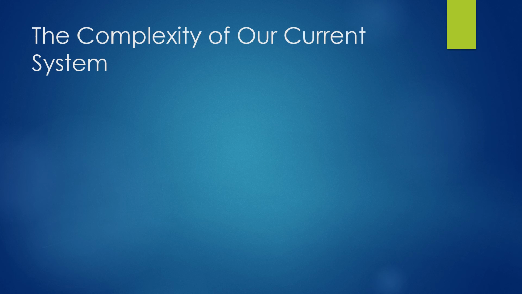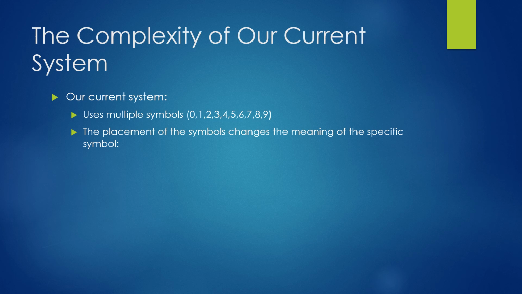So when I say it could be simpler, what I'm referring to is the fact that our current system uses a bunch of symbols. Specifically, we use 0, 1, 2, 3, 4, 5, 6, 7, 8, and 9. The placement of where we put these symbols changes what they mean. So the 5 in the number 3635 is different than the 5 in the number 5909.